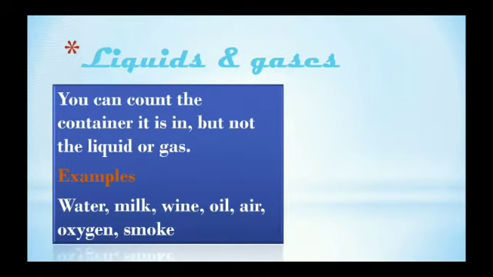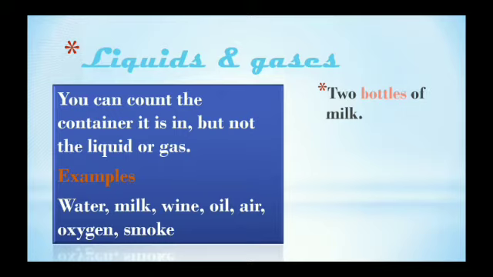Another category is liquids and gases. We cannot count the liquids, right? We cannot count milk, water, oil, wine. Also, the gases like air, oxygen, smoke, we cannot count them.